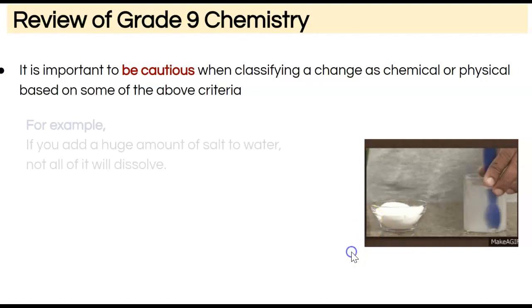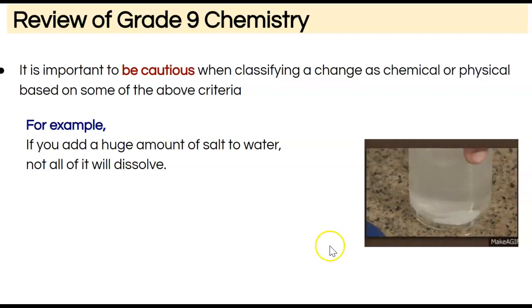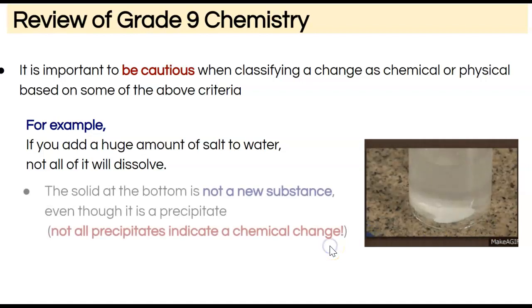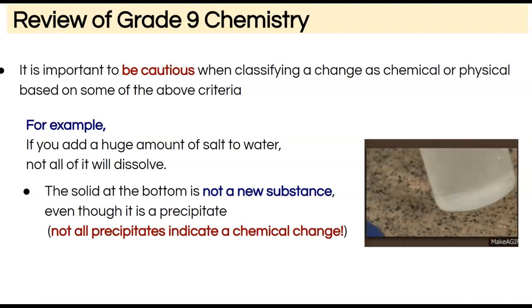So in this case, the solid that forms at the bottom, that won't dissolve, we can say it's a precipitate, but it's not really a sign of a chemical change. So not all precipitates indicate that a chemical change has occurred. In this case, we've just added so much salt to that solution that no more is going to dissolve. So yes, it's a precipitate, but no, it's not a sign of a chemical change.